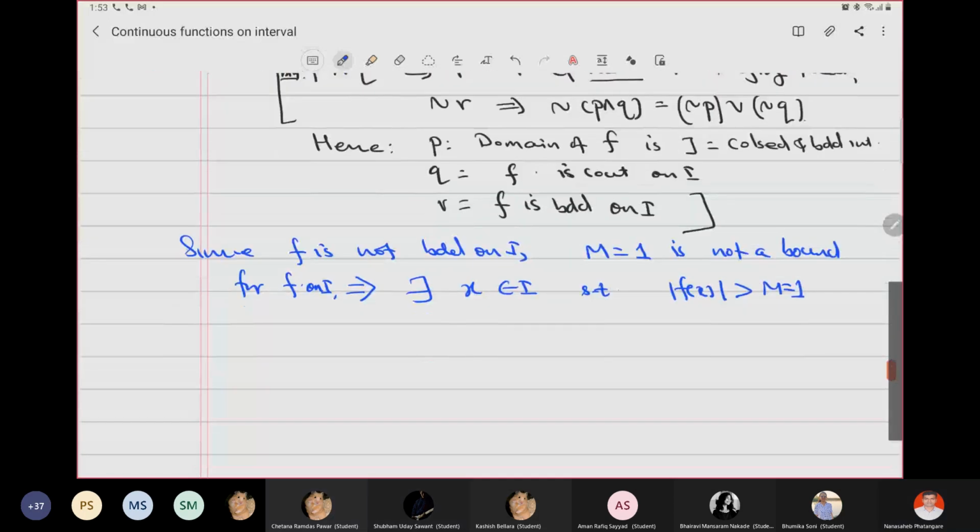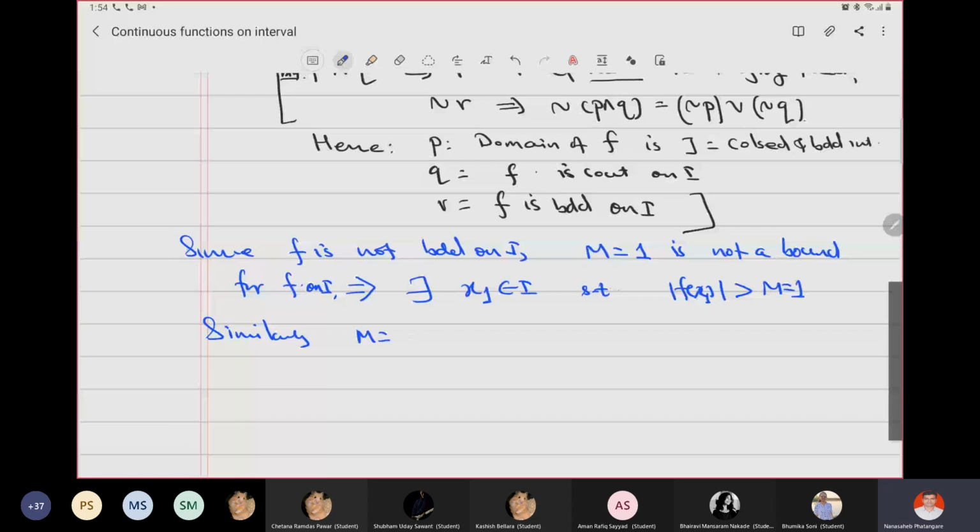That means there is a specific x. I will call it x1, because I want to look at a specific x1 for which the absolute value of f(x1) is greater than 1. Similarly, M equal to 2 is not a bound for f.